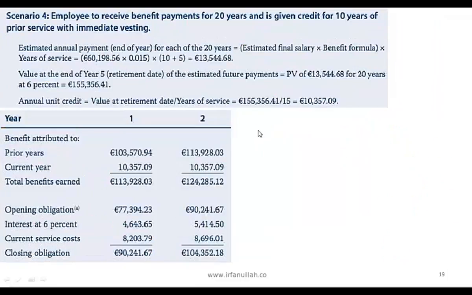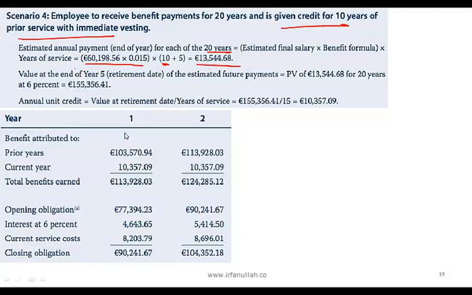Yeah, the fourth scenario is the third scenario plus getting credit at time 0 for previous years. So given credit for 10 years of prior service with immediate vesting, the estimated annual payment for each of the 20 years is salary plus the 10 previous years plus 5.